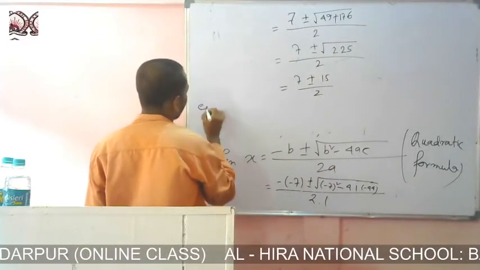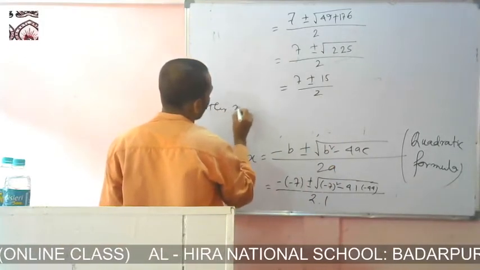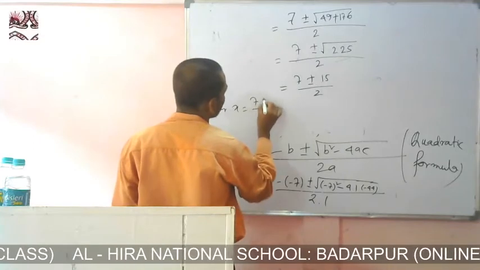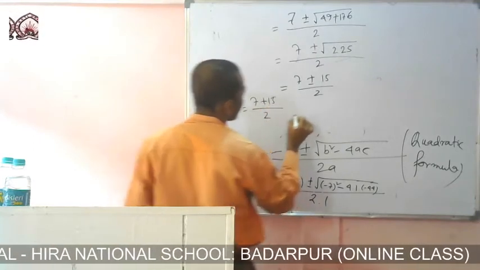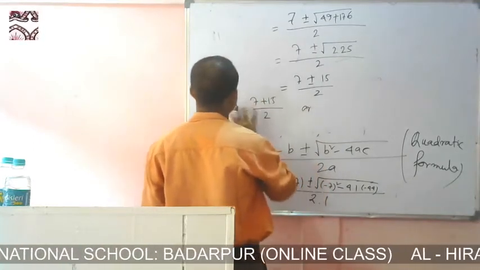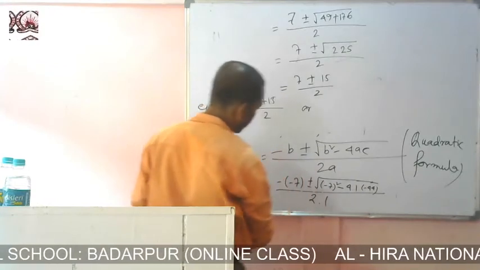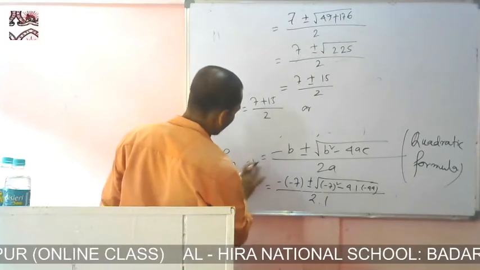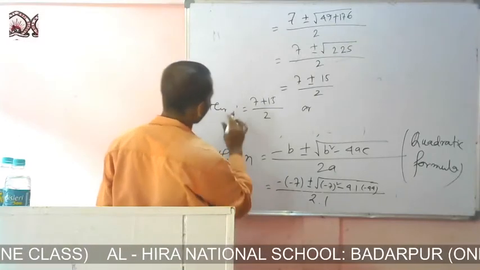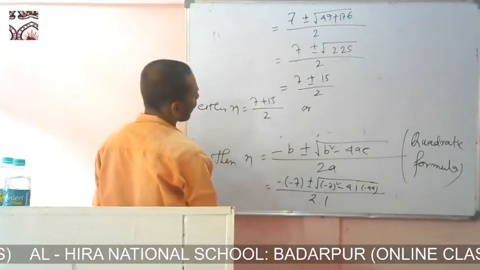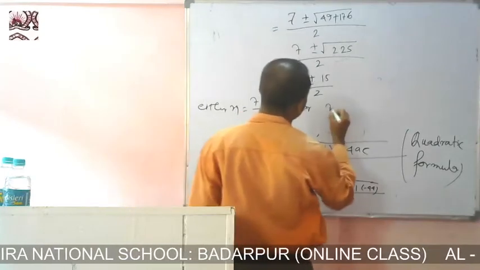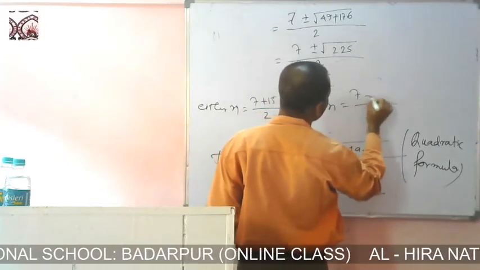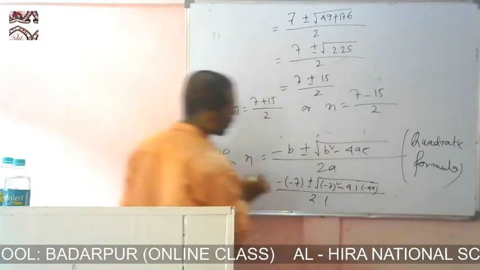Then either x is equal to 7 plus 15 by 2 or this one is n, so we can write either n is equal to 7 plus 15 by 2 or n is equal to 7 minus 15 by 2.